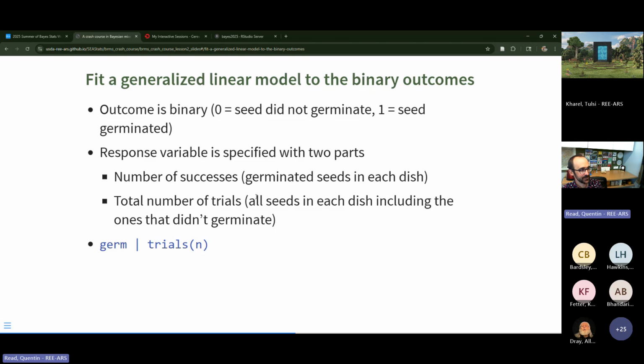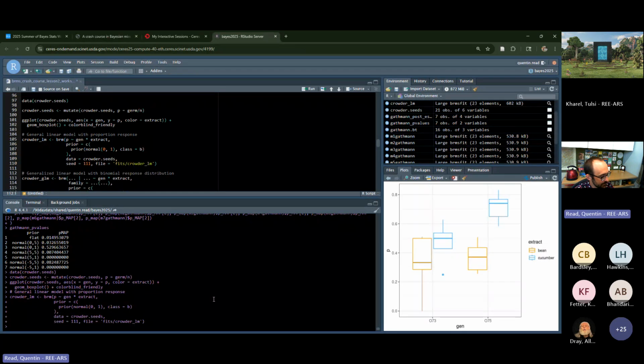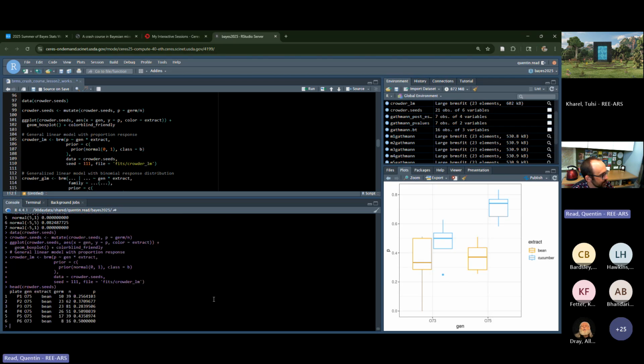So that is all the seeds in each dish, germination and not germination. So our response variable is germ by number of trials, which is n. If we use head of Crowder.seeds in your console, you can see the first few rows of the data. You can see that, right, on plate 1, there were 39 seeds and 10 germinated. So that's germ is 10 and n is 39 there, for example.